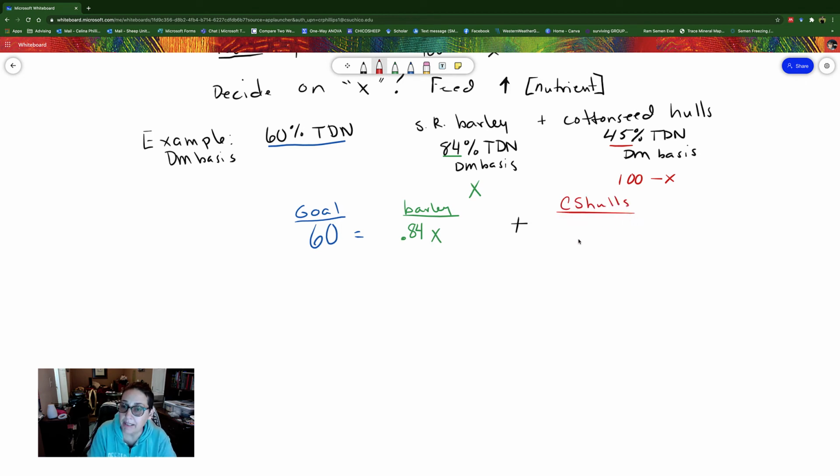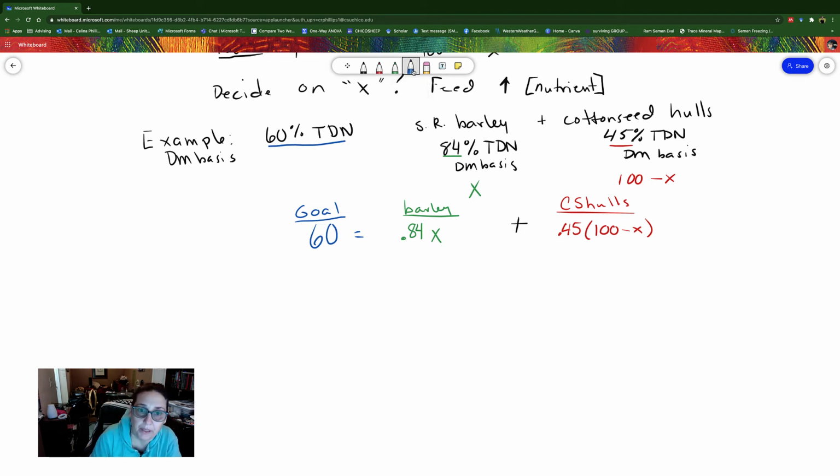And that's going to be the same principle. We know the amount is 100 minus X. We just don't know what X is. We got to solve for it. And so that's going to be 0.45. That's it. That's the equation we're going to be solving to get to how much of the barley and how much of the cottonseed hulls we need to have in our ration.